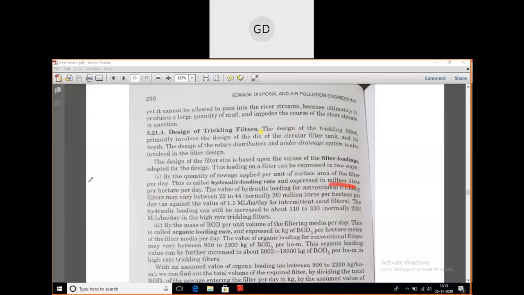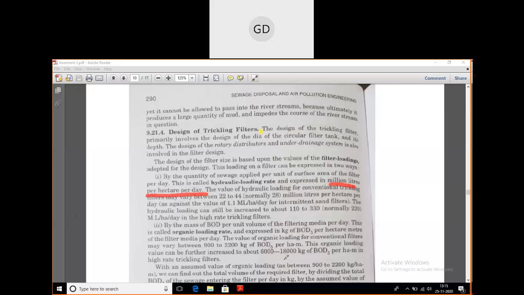Clear? So now, million liters per hectare per day. So the value of the hydraulic loading for conventional trickling filters. We have done two types of trickling filters. What are those? One is your conventional trickling filter, and the other one was your high rate trickling filter.